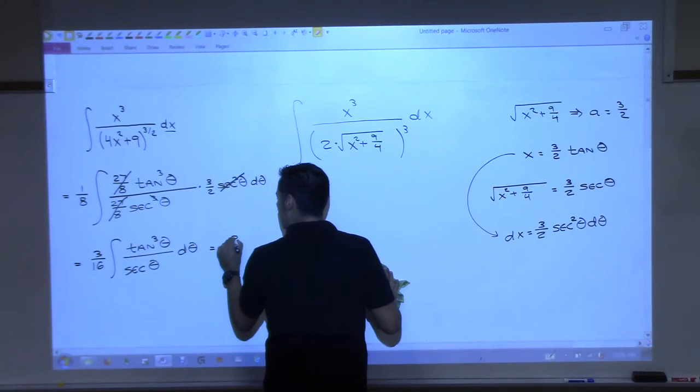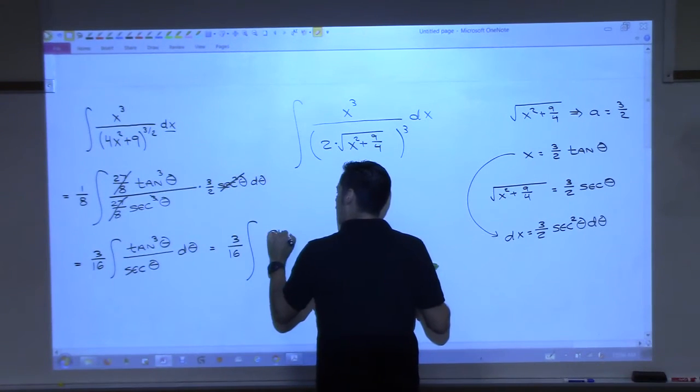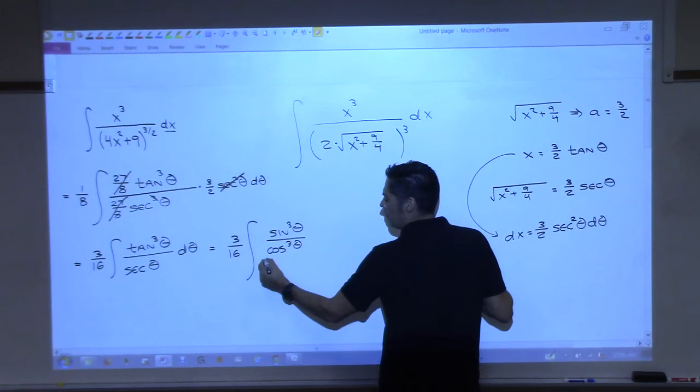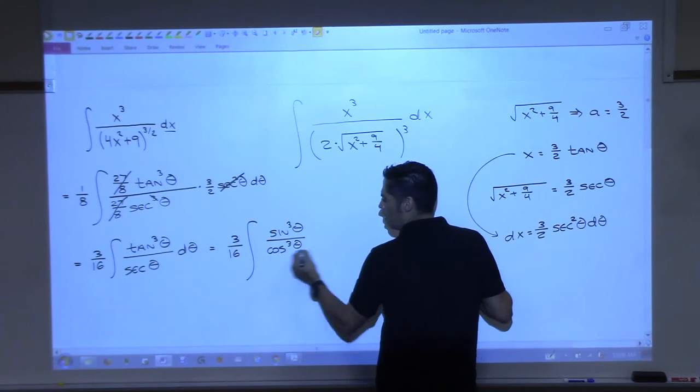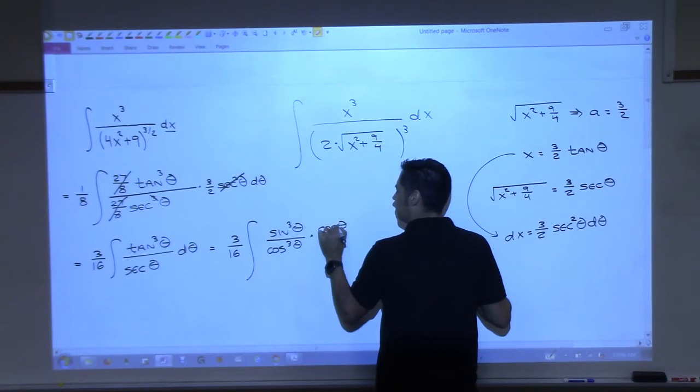Equals 3/16. All right, I'm going to have sine cubed theta over cosine cubed theta, that's tangent cubed theta, over what? 1 over cosine? Which really flips a cosine up top.